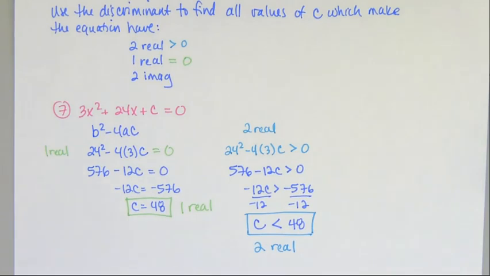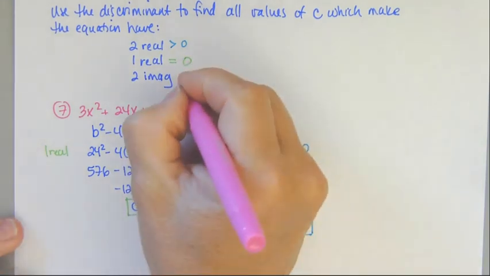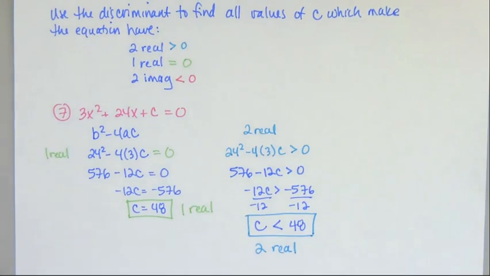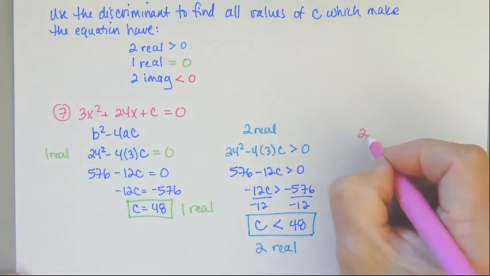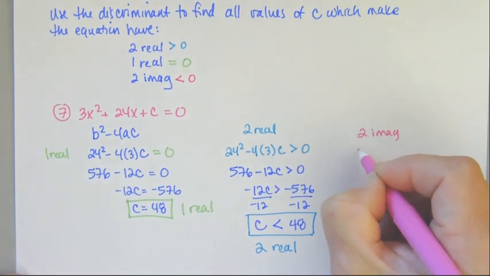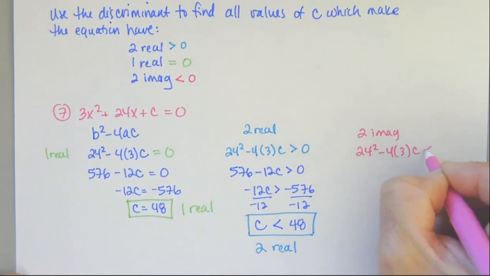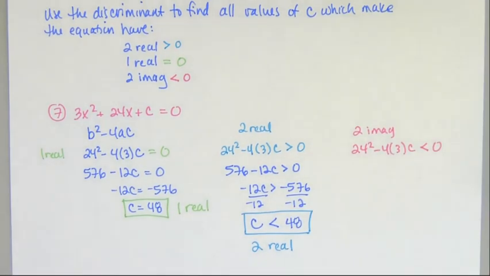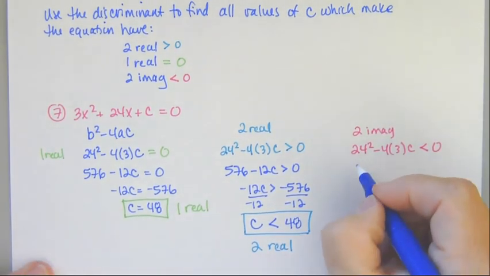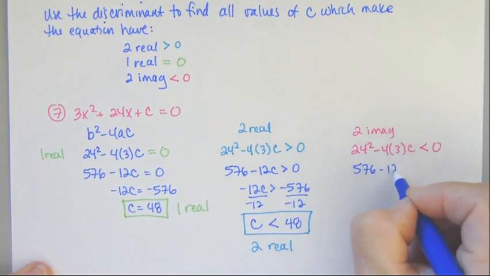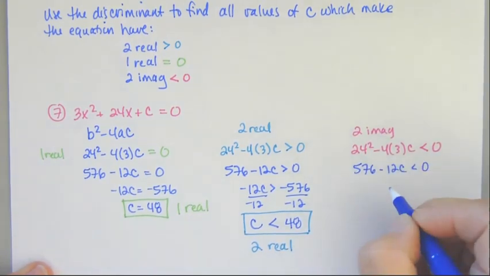And then finally, we need to check to see if there's 2 imaginary. Remember, if it's 2 imaginary, we need the whole discriminant to come out negative. So if I want 2 imaginary answers, I need the discriminant b squared minus 4 times a times c to be less than 0. So when I do this work, I've got 576 minus 12c less than 0.